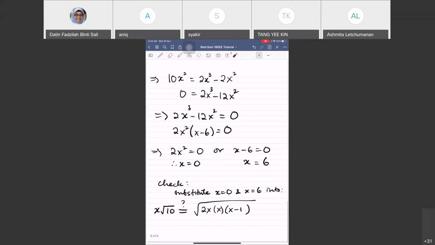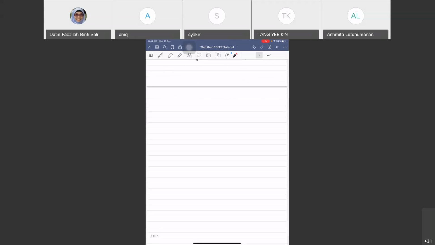Which means you have, until this one, it is still the same. x square root 10. You still have this, right? And then you expand the right hand side. 2x square, so you get your 2x cube, right?